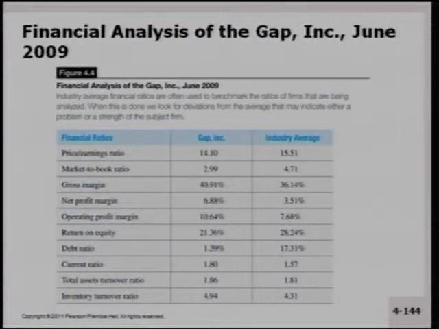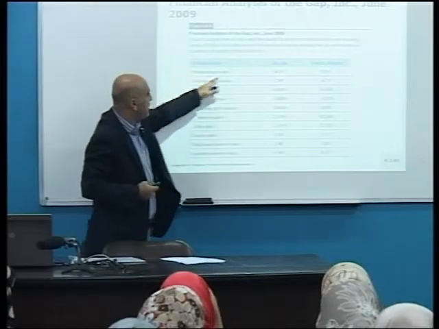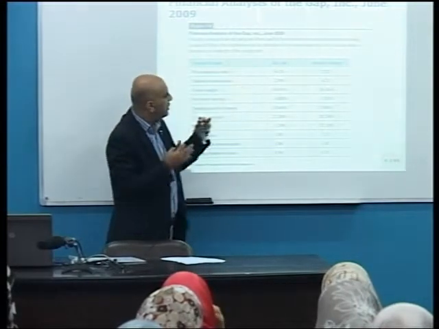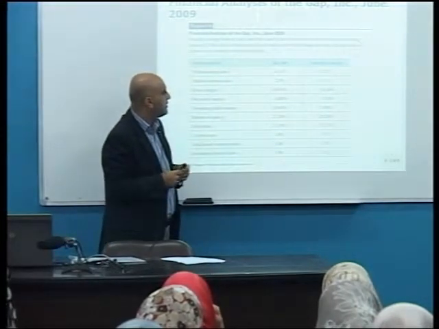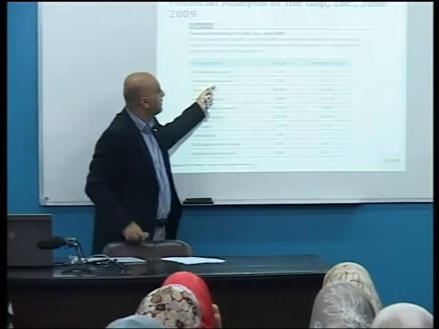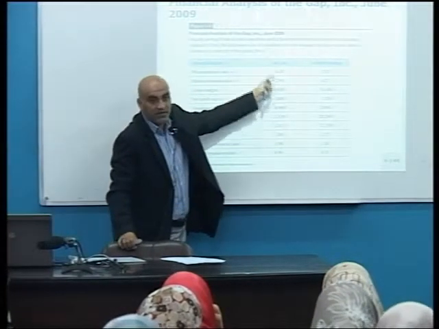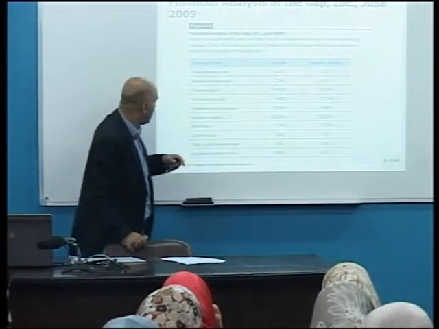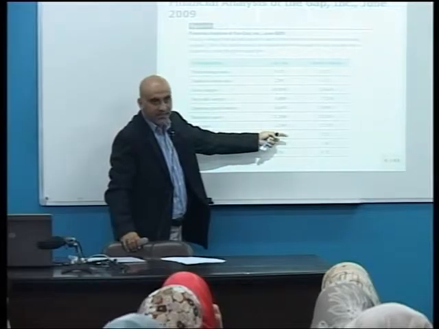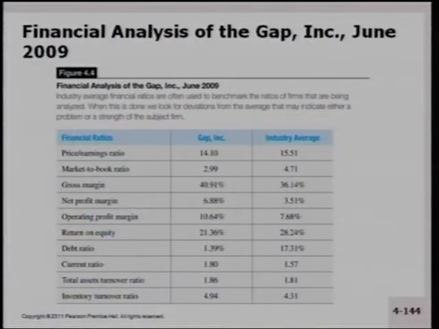So if you look at, just pick the price earning ratio, 14 and here 15, it's close to the industry average, but the market to book value is still less. The industry is higher. If we look at the debt ratio, the industry is using more debt than Gap. If you look at the current ratio, the liquidity for Gap is much better than the liquidity of the industry average.